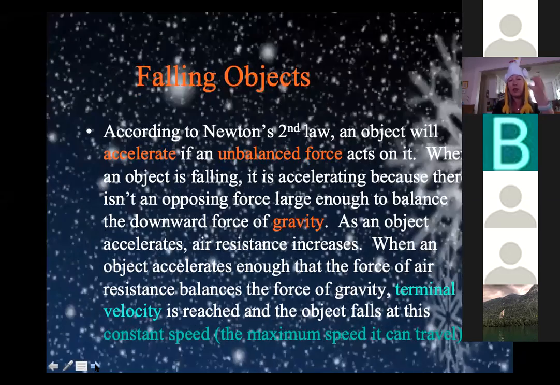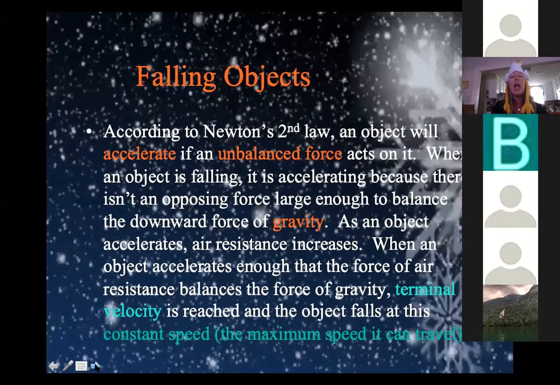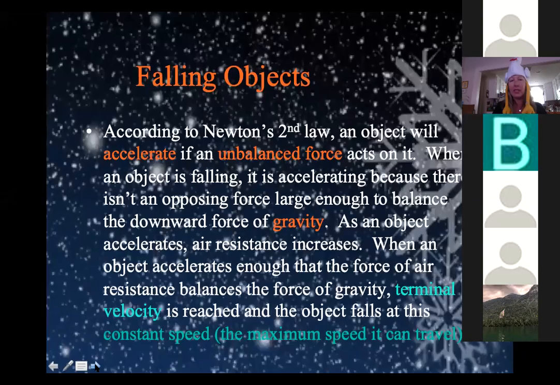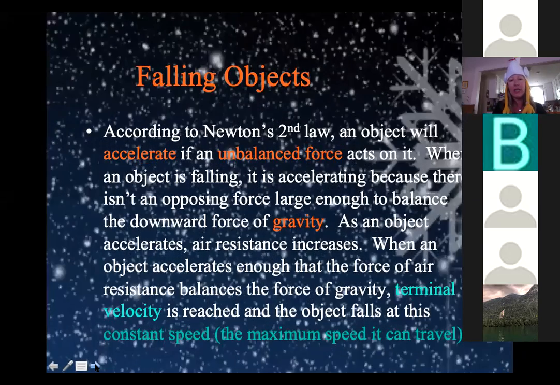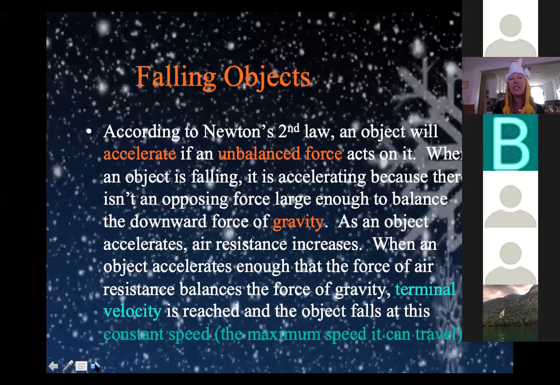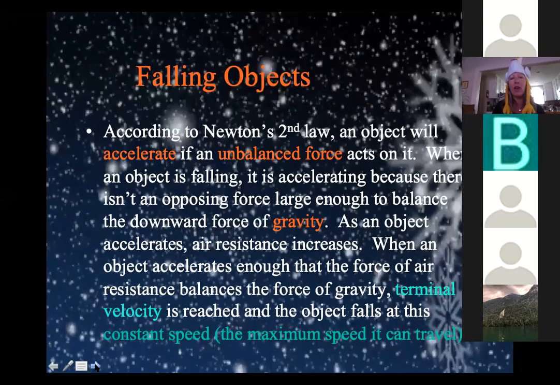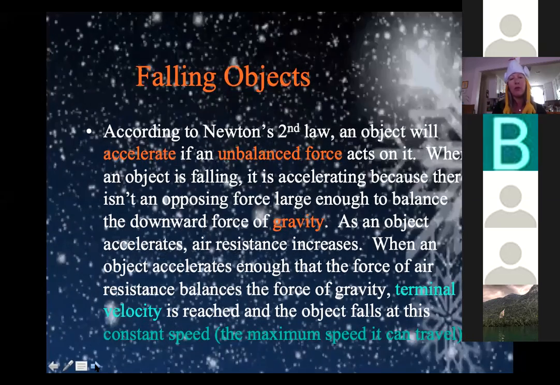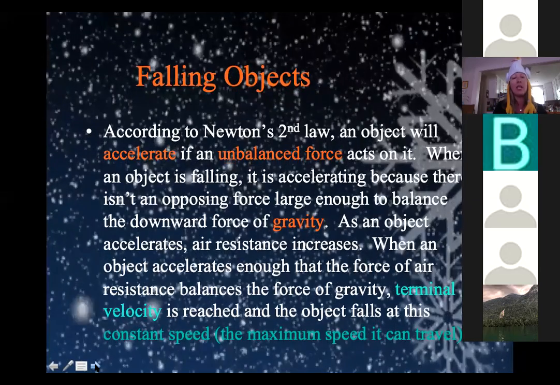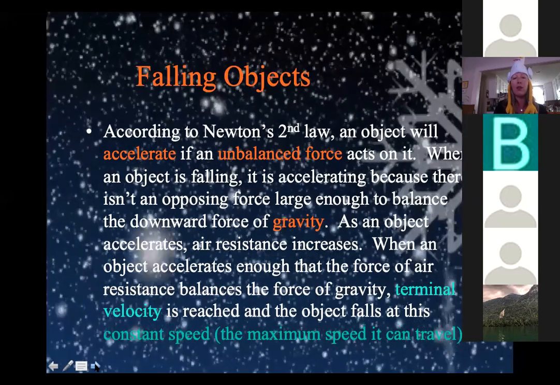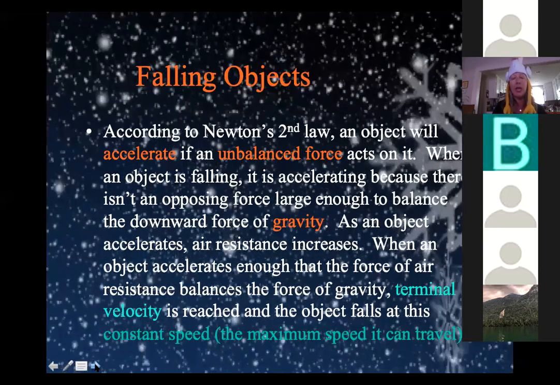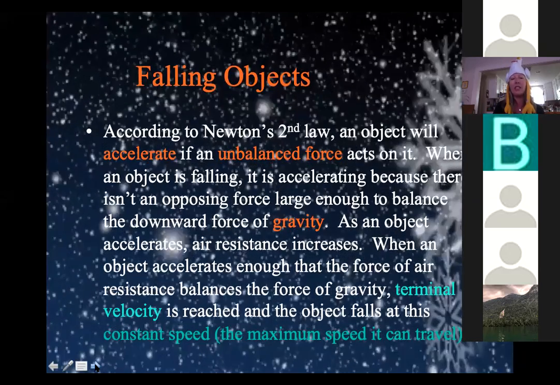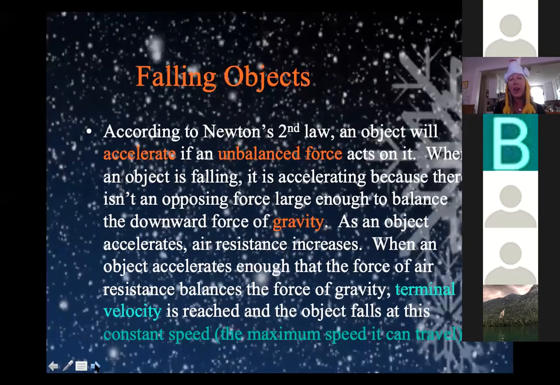So gravity is still an unbalanced force pulling it down. As an object accelerates, air resistance increases. When an object accelerates enough that the force of air resistance balances the force of gravity, terminal velocity is reached, and the object falls at this constant speed. And that is the fastest that that object can travel.